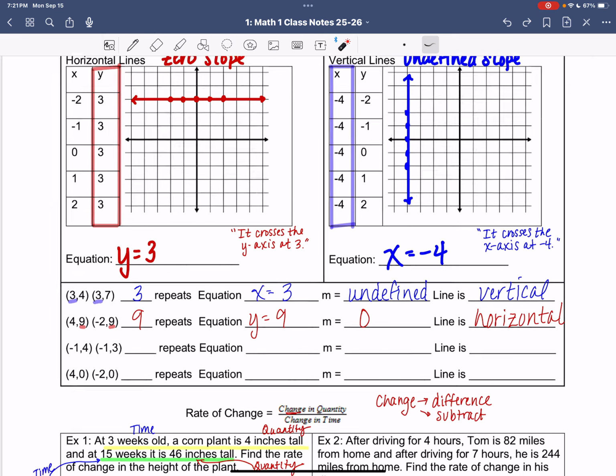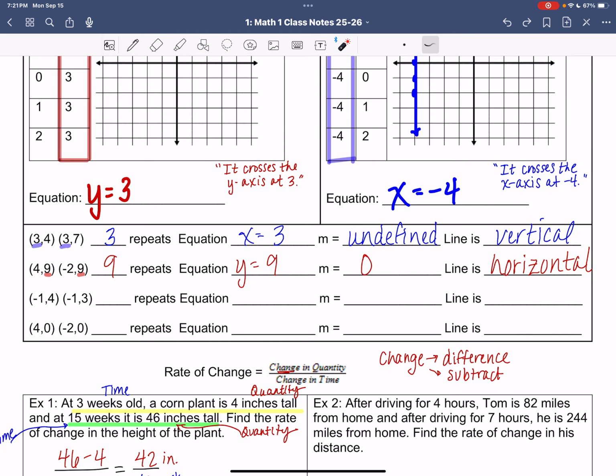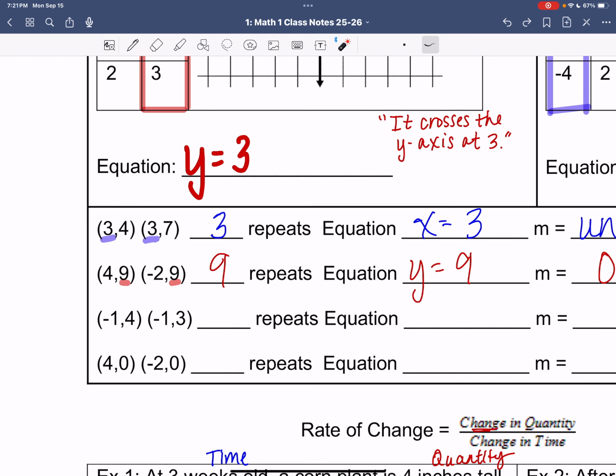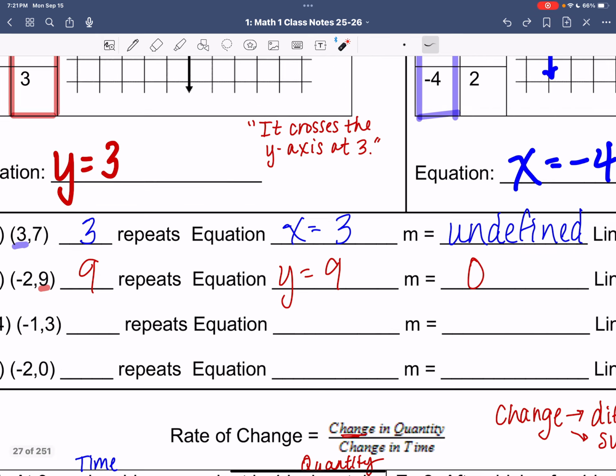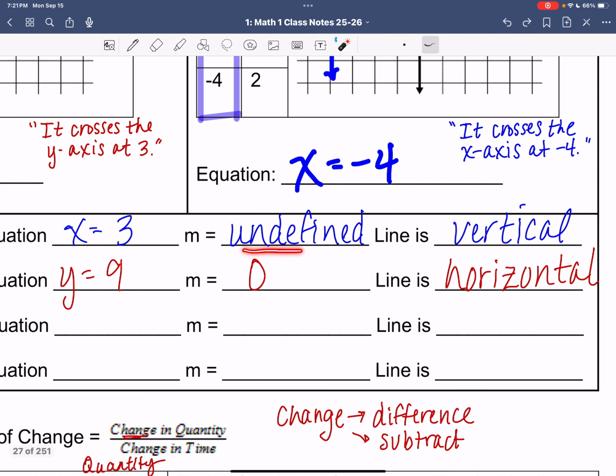All right, so here are some examples down here. What I like to look for in this first one is the ordered pairs. If you notice, the 3 repeats. Since it's the x value, you write the equation as x equals 3. And that has an undefined slope since it's x equals. An undefined slope is vertical, and remember, vertical goes up and down.